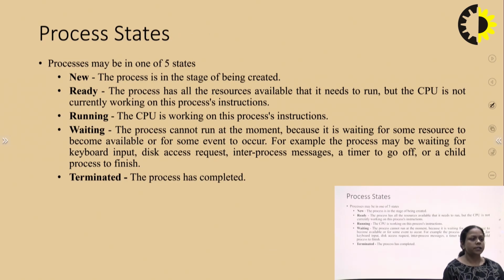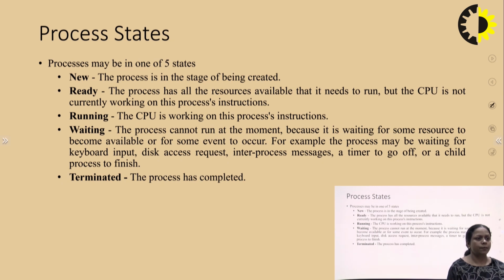Now process states. This process has multiple states also. First one is new. New is when the process is in the stage of being created. When the process is created, it will be in the new state. Second, ready. The process has all the resources available that it needs to run, but the CPU is not currently working on this process's instructions.